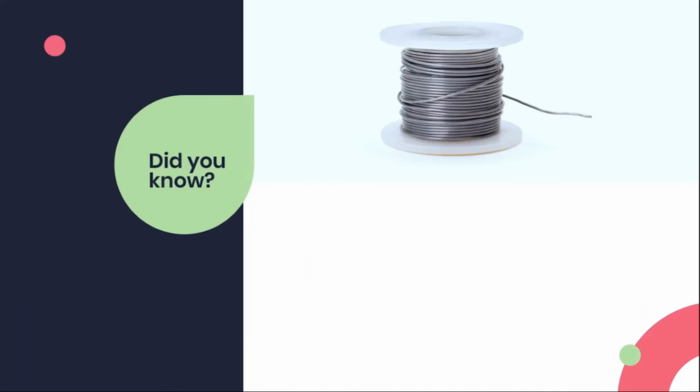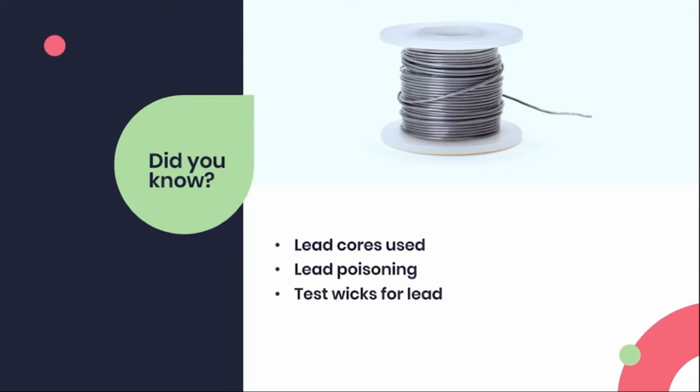Did you know it was common practice to use lead cores in candle wicks for a very long time? Fortunately, this is no longer prevalent following tests done to show the dangers of lead poisoning. It is, however, important to make double and triply sure that your metal core wicks do not carry any lead.